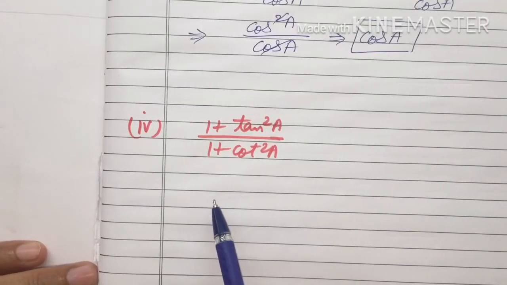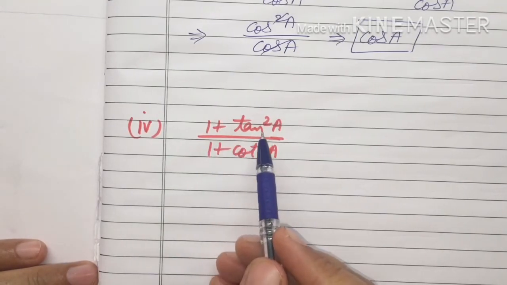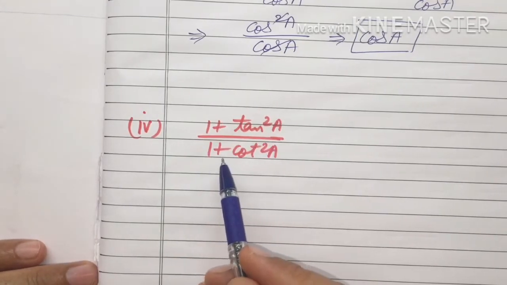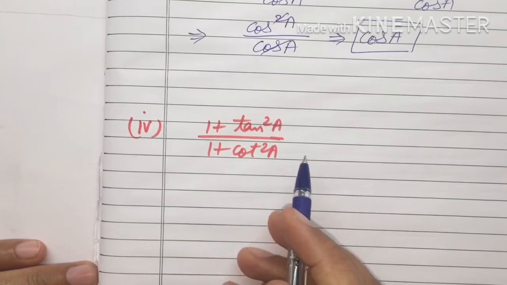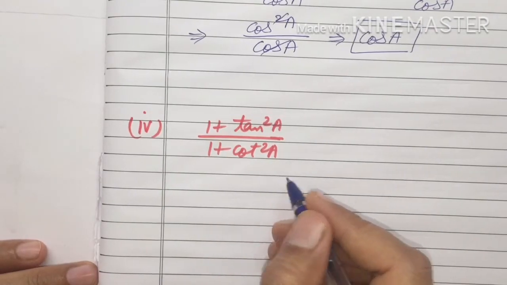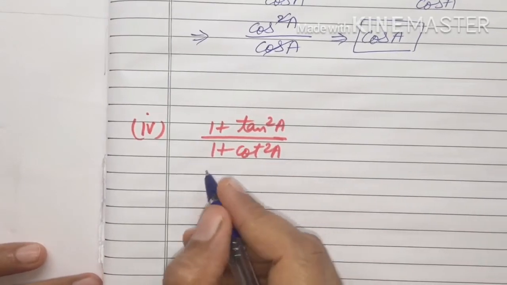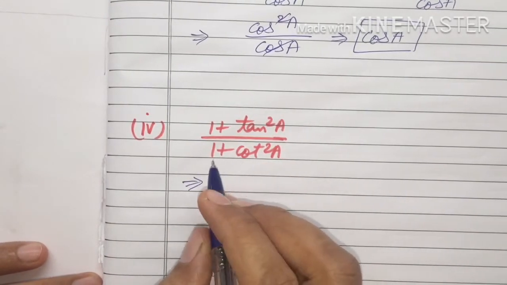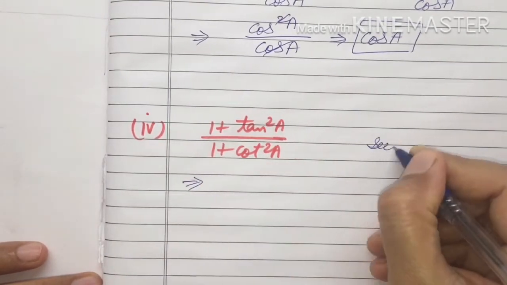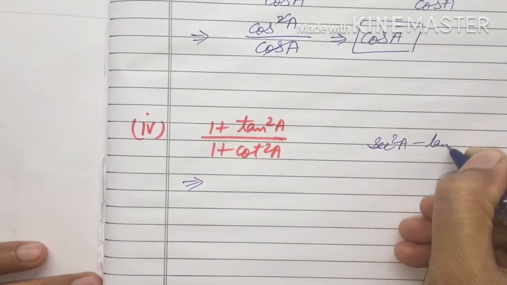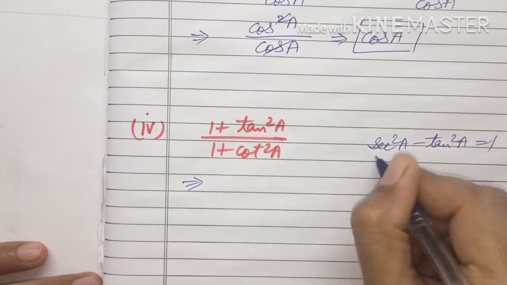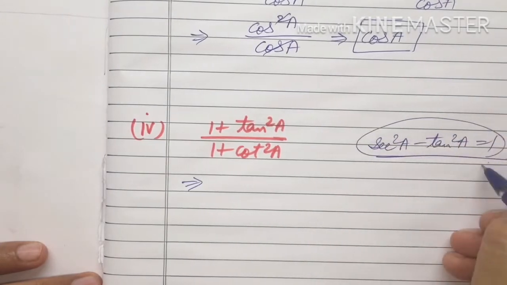Fourth part of question number 4, exercise 8.3. 1 plus tan square A upon 1 plus cot square A. We have to find the value of that. So we can write according to our identity, we know secant square A minus tan square A is equal to 1. So we will use this identity.